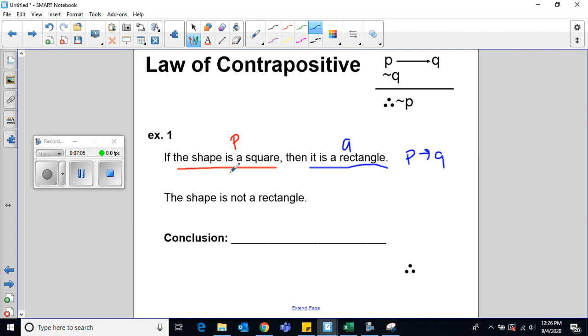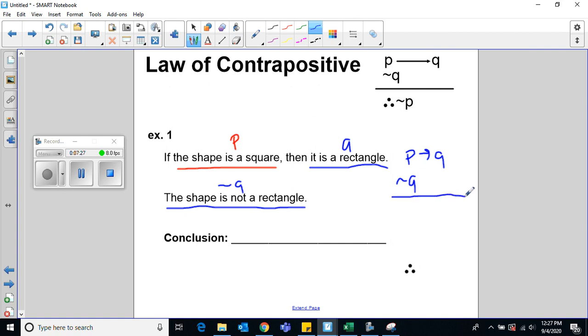So the part that talks about a rectangle is over here, Q, but it's not exactly Q. It is the opposite of Q, or not Q. We still use the same color when we diagram to show the relation to Q, but that it's not Q.